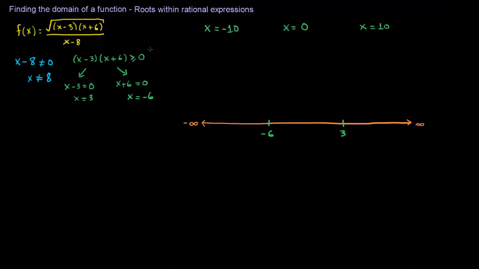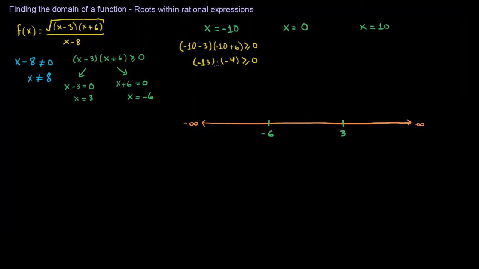I'm going to substitute the negative 10 in here, and then I will get negative 10 minus 3 times negative 10 plus 6, greater or equal than 0. So I got negative 13 times negative 4, greater or equal than 0.